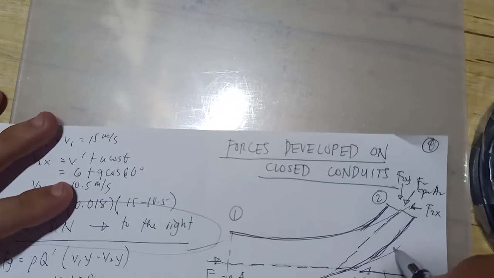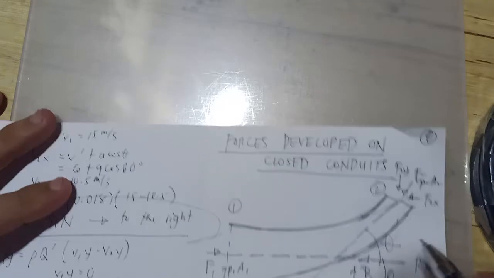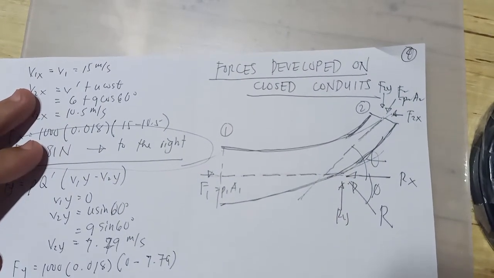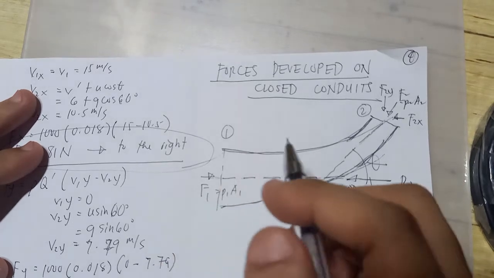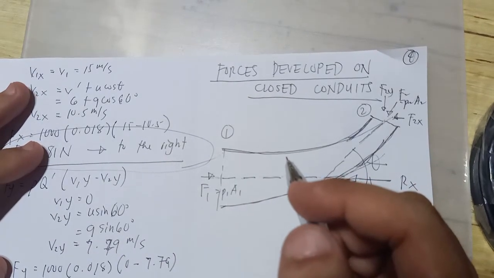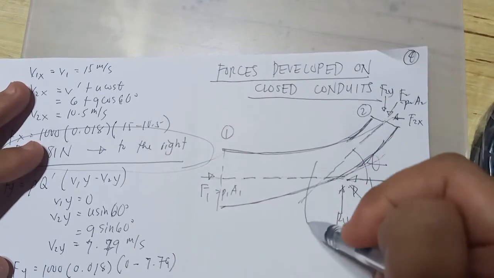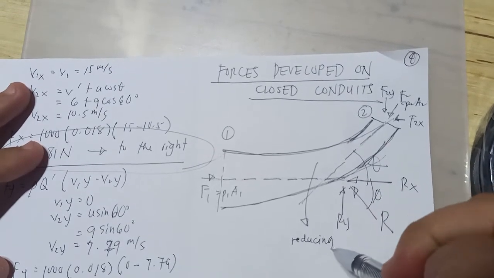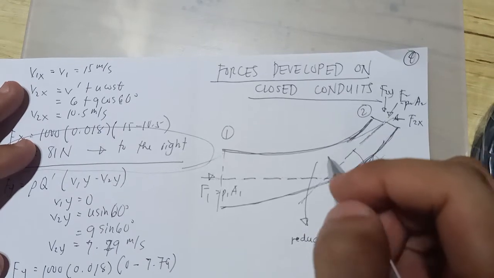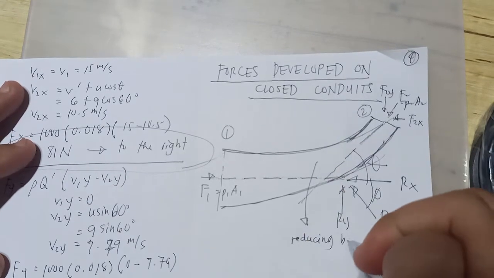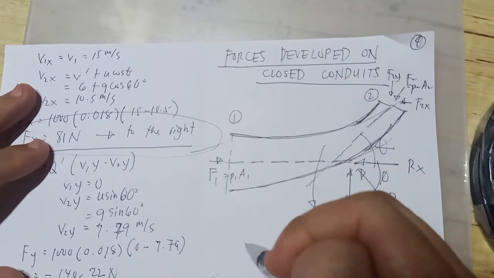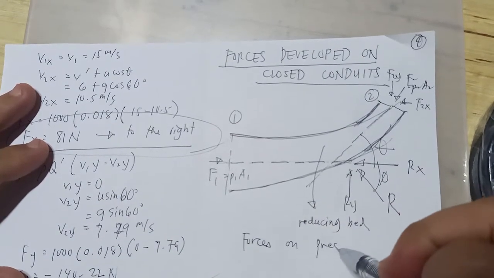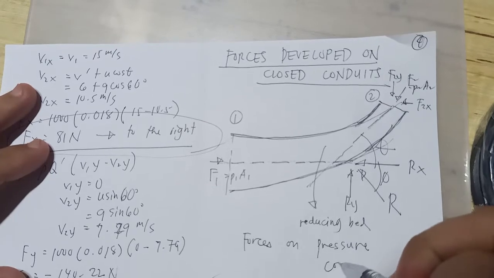This is phi, the angle of the bend. This kind of process, no, it is reducing bend.